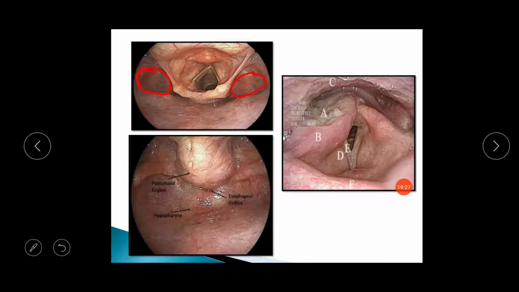Here is a curve shaped depression over the most lateral part, and behind that area is the postcricoid region, and this is the esophageal inlet.